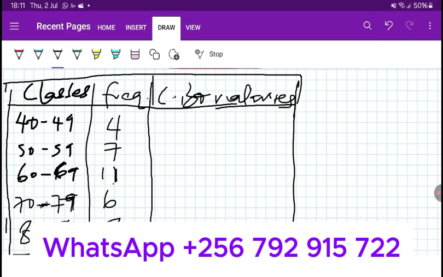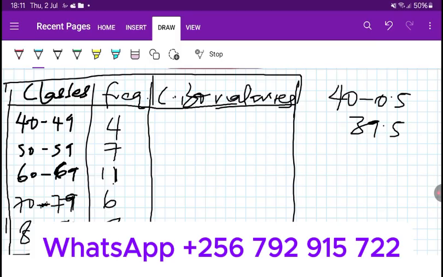So we've said for you to get the class boundaries, you first get the 40 minus 0.5. That gives you 39.5. You get the class limit, which is 40 minus 0.5, for you to get the lower class boundary.